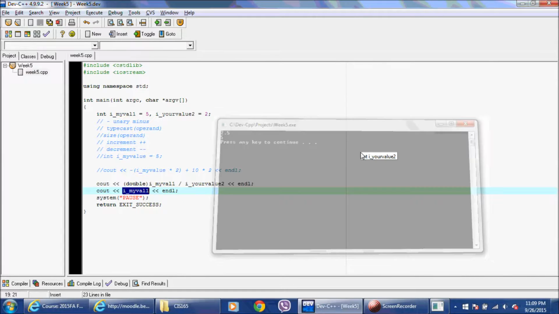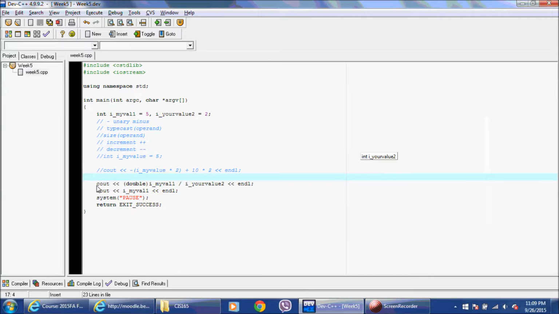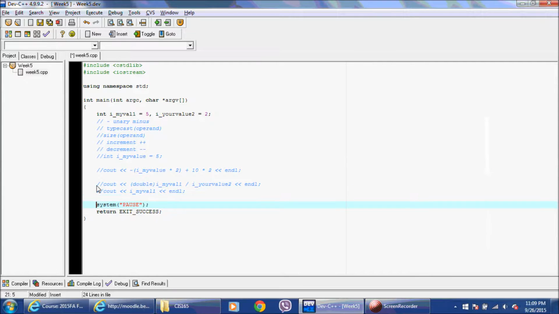The next unary operator is the sizeof operator. The sizeof operator tells you the number of bytes that are allocated or necessary to allocate of the operand. So for example, if I want to find out what the size of an int is, easy.